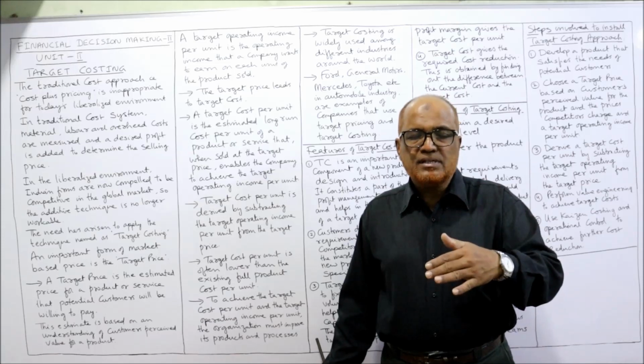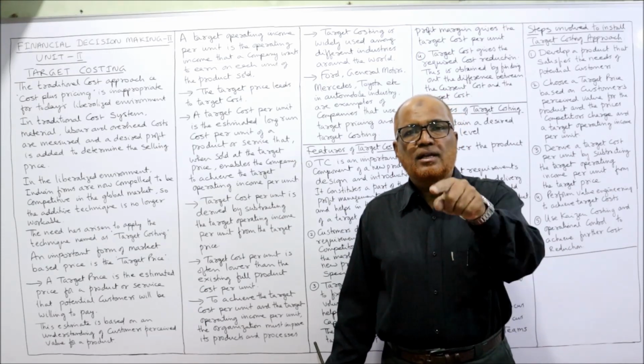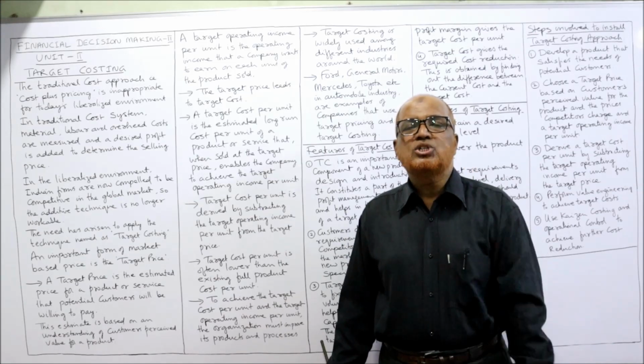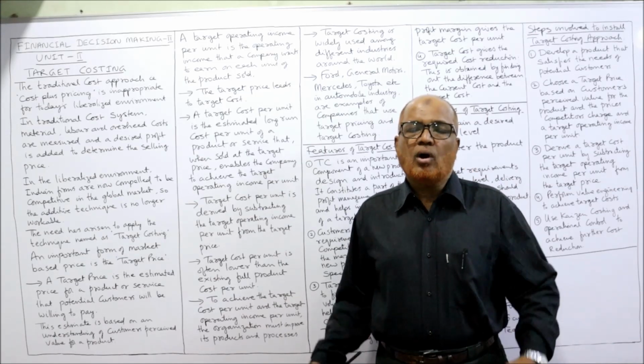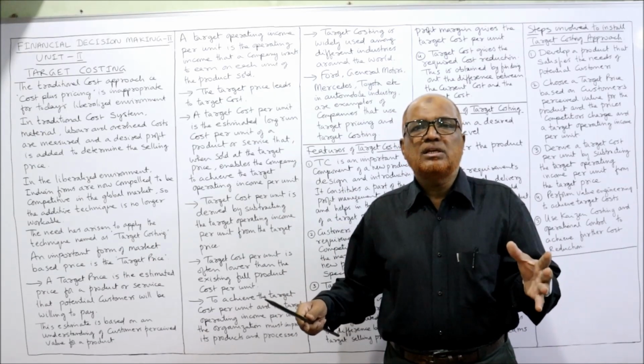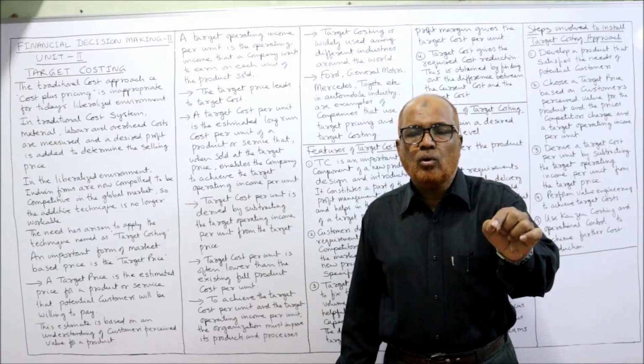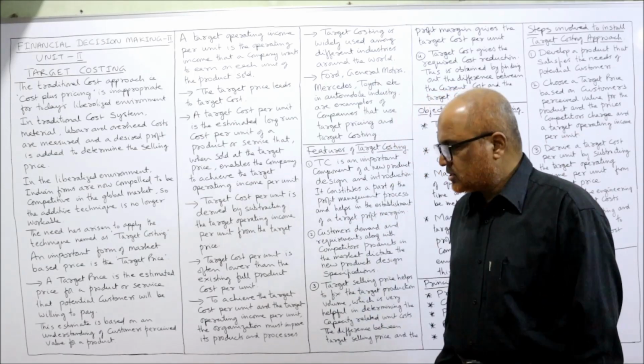If the business can increase the efficiency of utilizing all the resources, then definitely we can achieve the target cost. All the facilities, material, men, machines should be effectively utilized. Then only we can achieve the target cost.